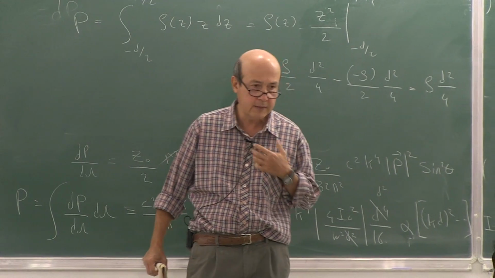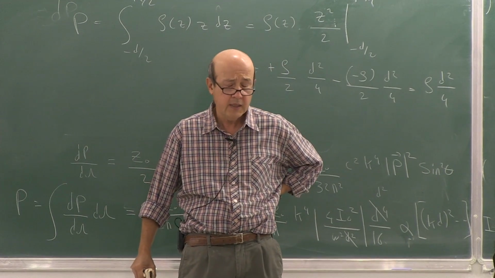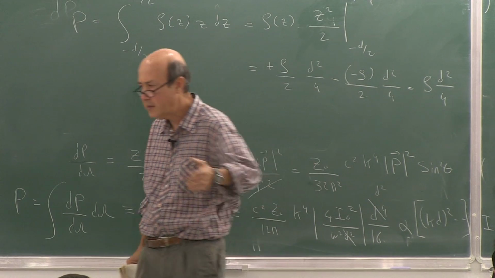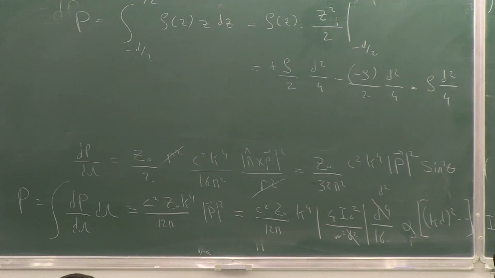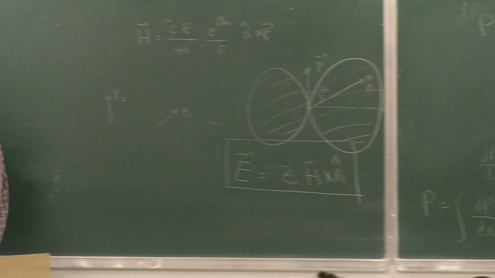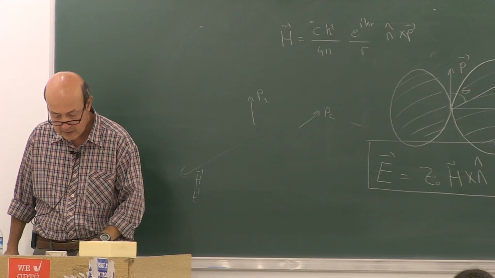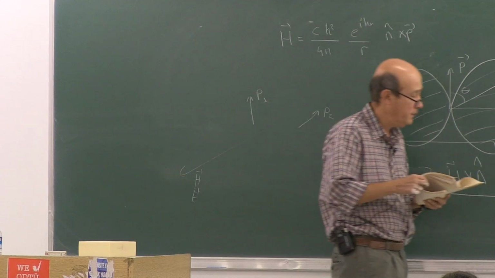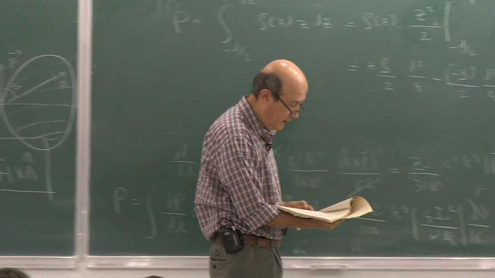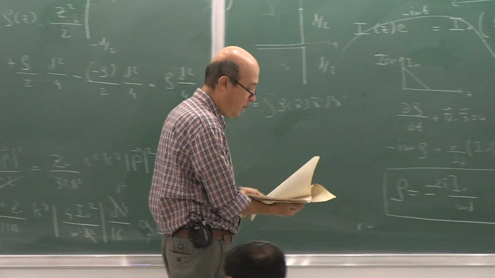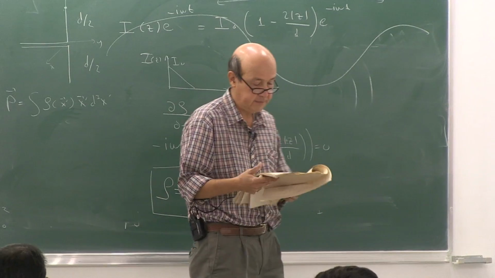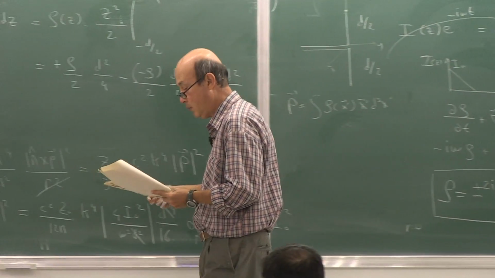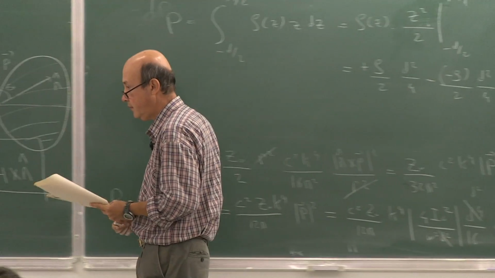That is called the radiation reaction resistance. The name is not important, but it is a parameter related to resistance. So basically, we have to know the electric dipole moment of the oscillating system in order to calculate the power emitted per solid angle or the total emitted power.